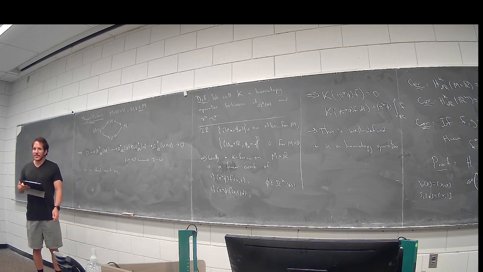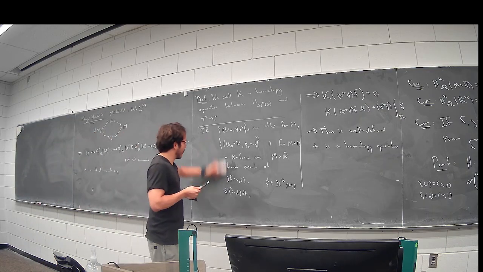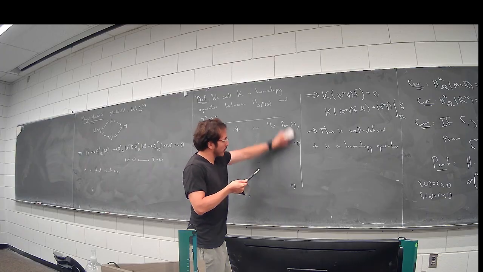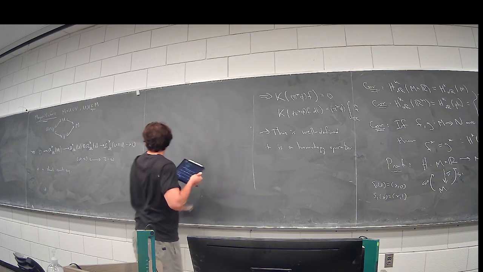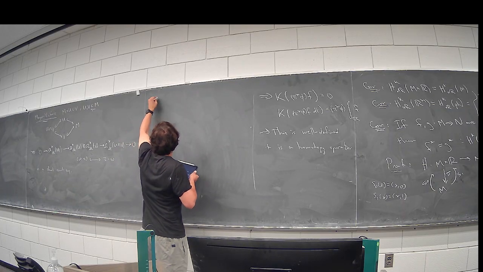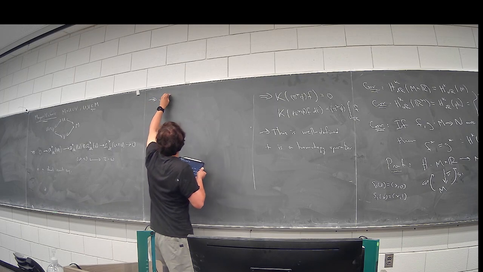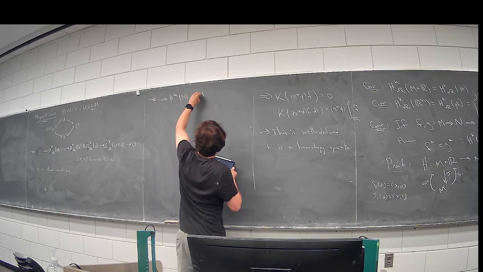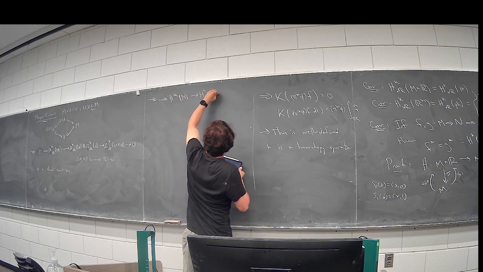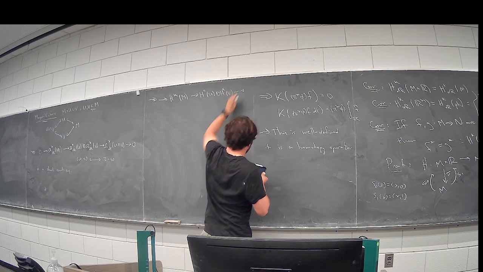So what do we like about short exact sequences? The induced long exact sequence in cohomology. So when you have this, then we have a long exact sequence in cohomology. That's here, H^k of M to H^k of U, H^k of V. I'm running a bit out of space here, but this is part of it.